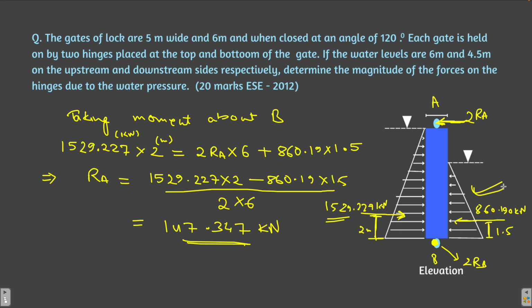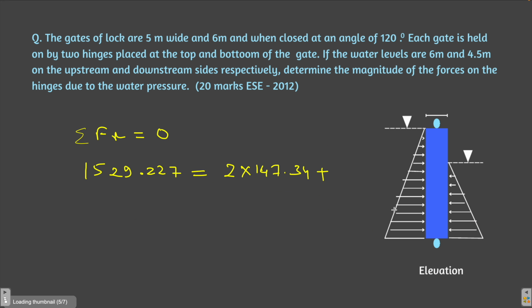So it is 860.19. Now this hinge, let's take the force in this hinge as acting in this direction. We have assumed this. So this is the reaction at B, plus 2 into reaction at B.